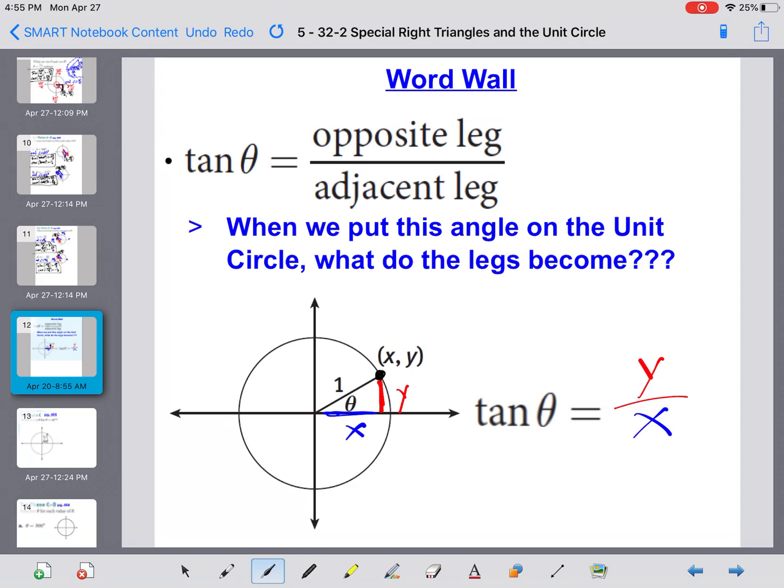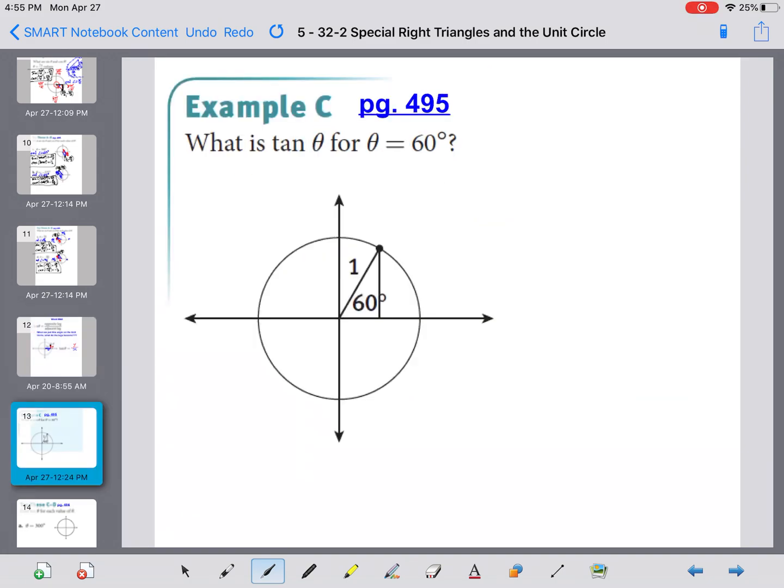We're trying to find that xy value using those special right triangles, probably finding reference angles, and once you have it for tangent, you just do the y value divided by x. Okay, let's try one. So check this out, 60 degrees. The 60-degree point, right, using the special right triangles, across from 60 is root 3 over 2. This is a 30, so across from that's a half.